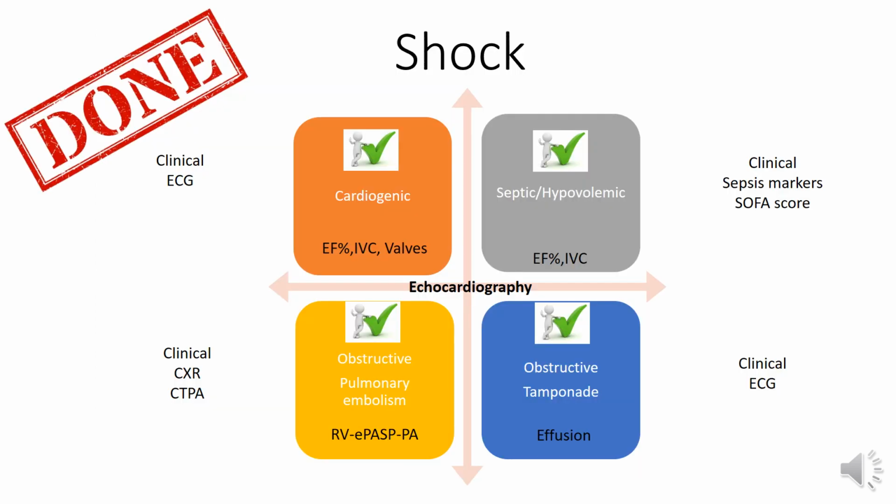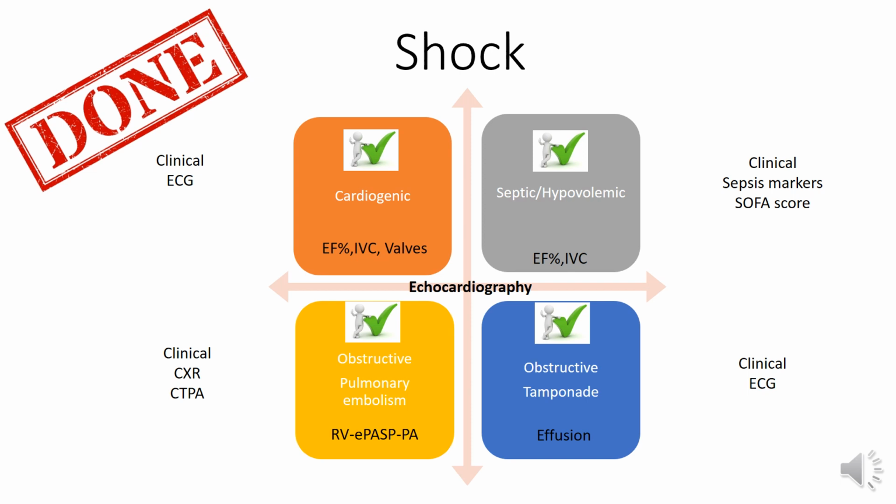So back to the original slide of the different scenarios. If we go through the different views and get depressed LV function with a congested or dilated inferior vena cava and congested lung, this might give a clue about cardiogenic shock. If we get good LV function but with an empty inferior vena cava or collapsed fully with respiration, might go with distributive or hypovolemic shock.